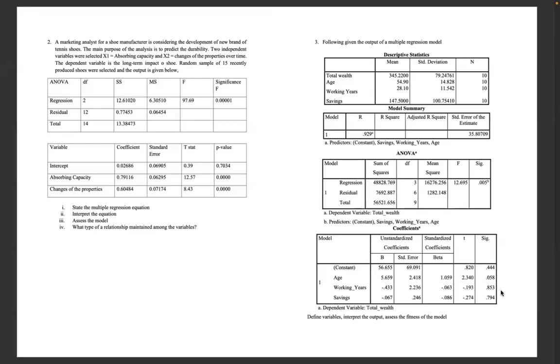There's nothing to calculate here, the R squared value is given. It comes as 0.863, which is very high. So you can assess that it is a large portion of the variance in total wealth. So you can interpret that the model is a good fit.